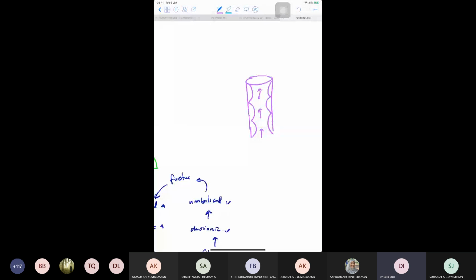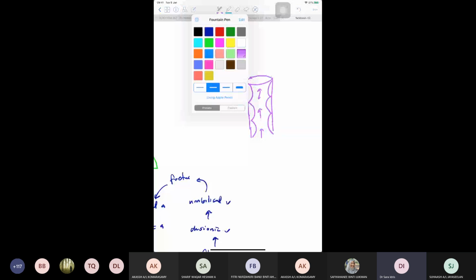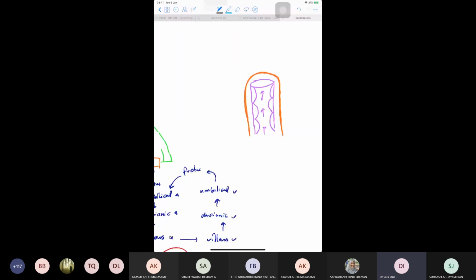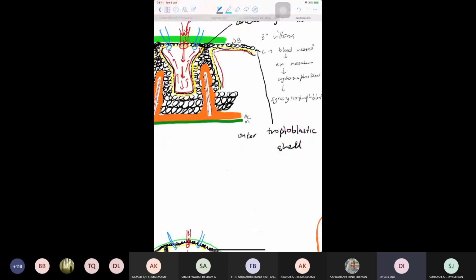So you have the fetal blood flowing into the villus capillary. Surrounding the villus capillary would be the extra-embryonic mesoderm. And then for the other layers, we're just going to look at this area here.